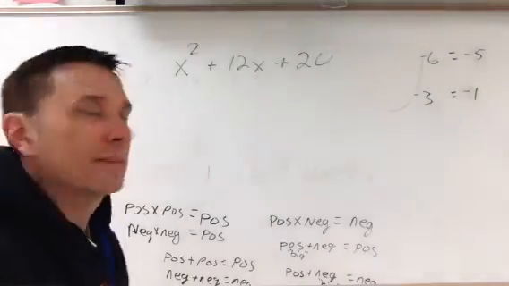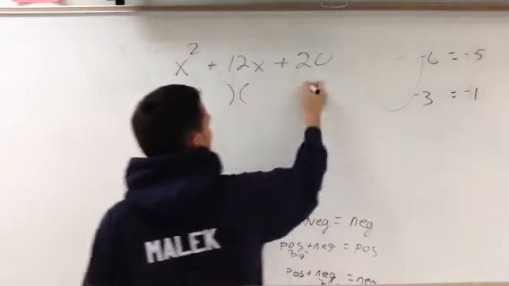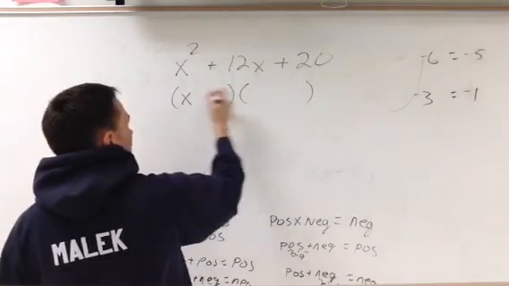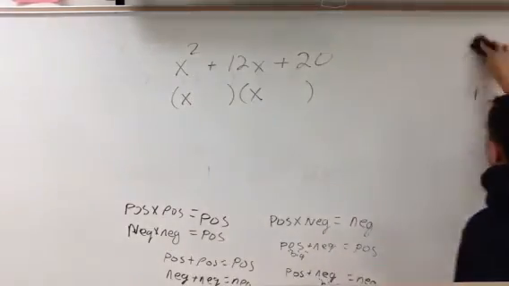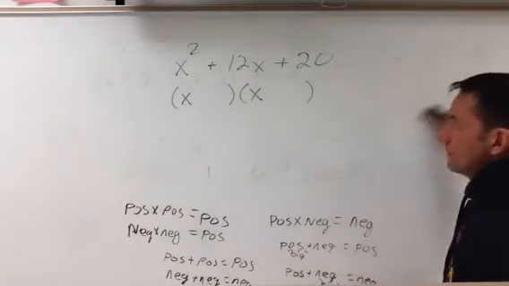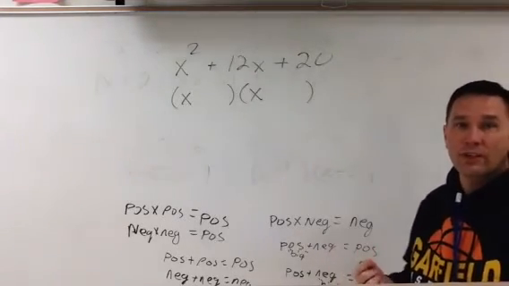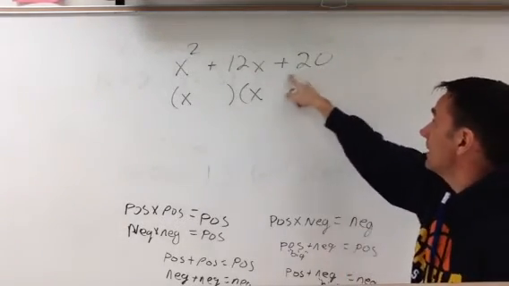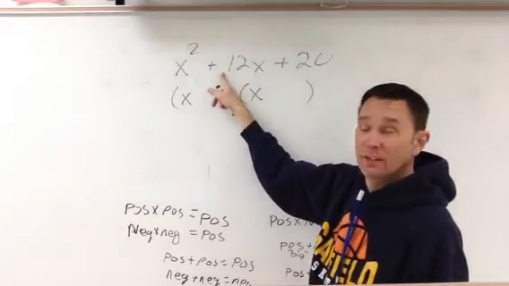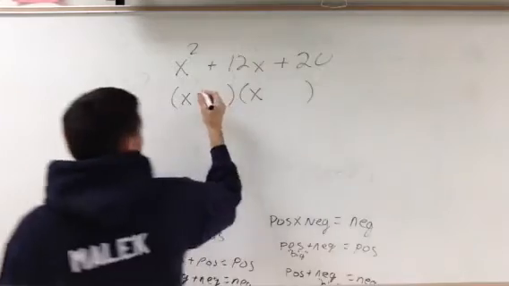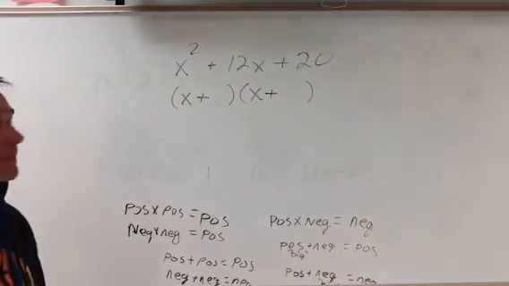Now looking at this, we want to start with the easy part, the x and the x. Now think about what your signs will be. Are they going to be 2 positives, 2 negatives, or 1 of each? I need a positive number here. I also need a positive number when I add them together. Therefore, both of my signs will be positive.